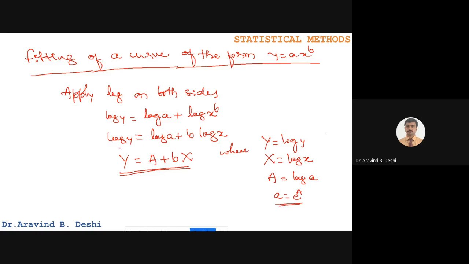Now this is the straight line form. Already in the previous curve fitting we have the straight line form, y equals a plus b x. Therefore, we know the normal equations for this straight line.